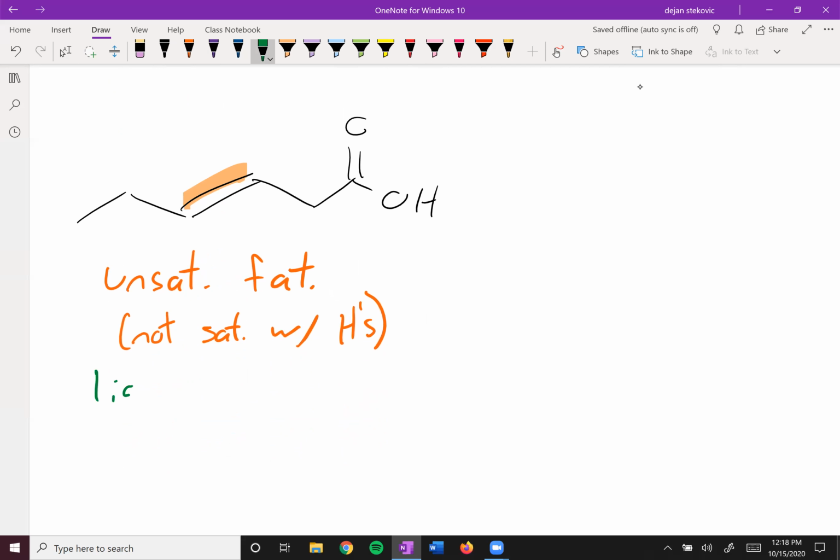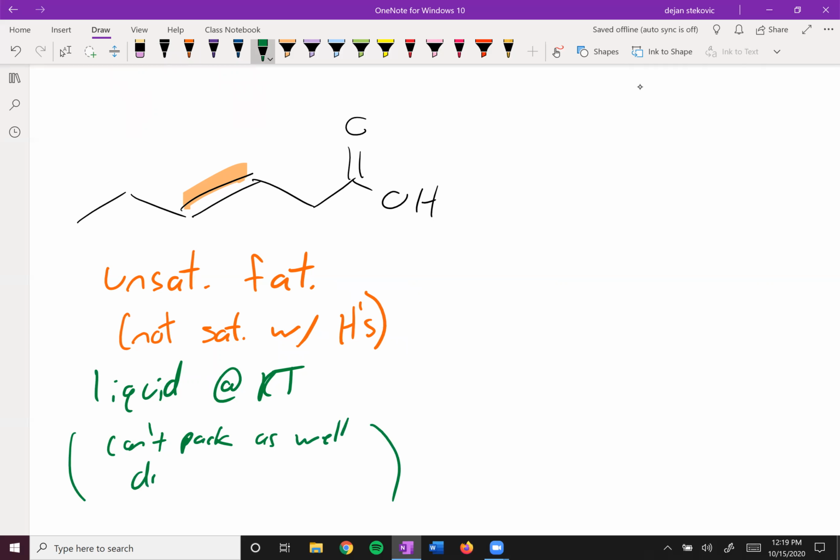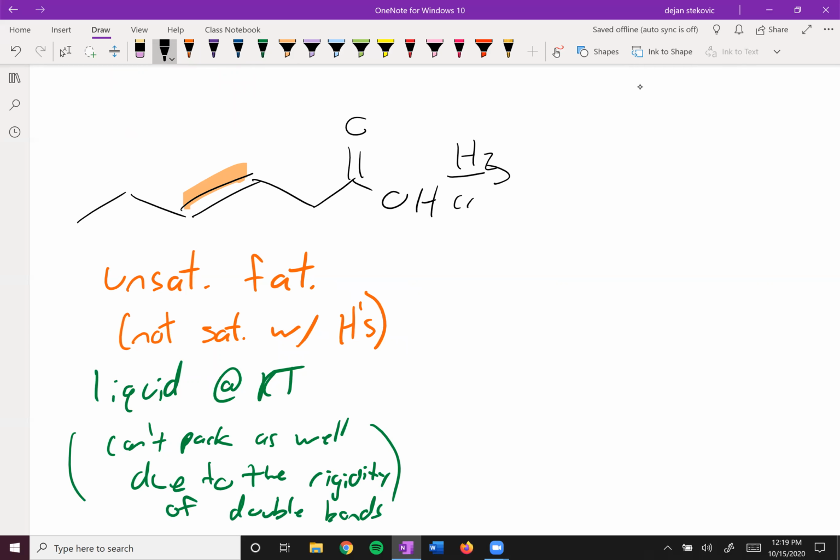These compounds are liquid at room temperature, right? And the reason is these intermolecular forces, they can't pack as well, due to the rigidity of the double bonds. And so in industry and in kind of fast food, what they do is they hydrogenate these fats, right?